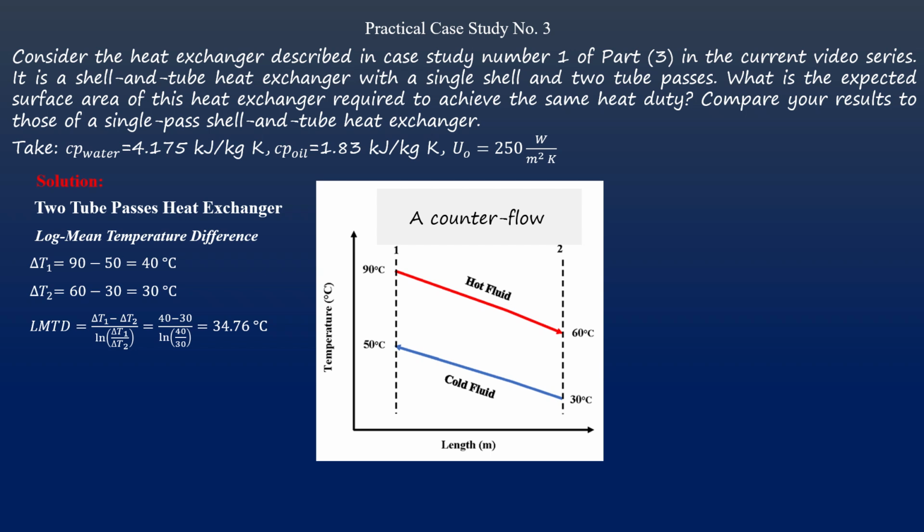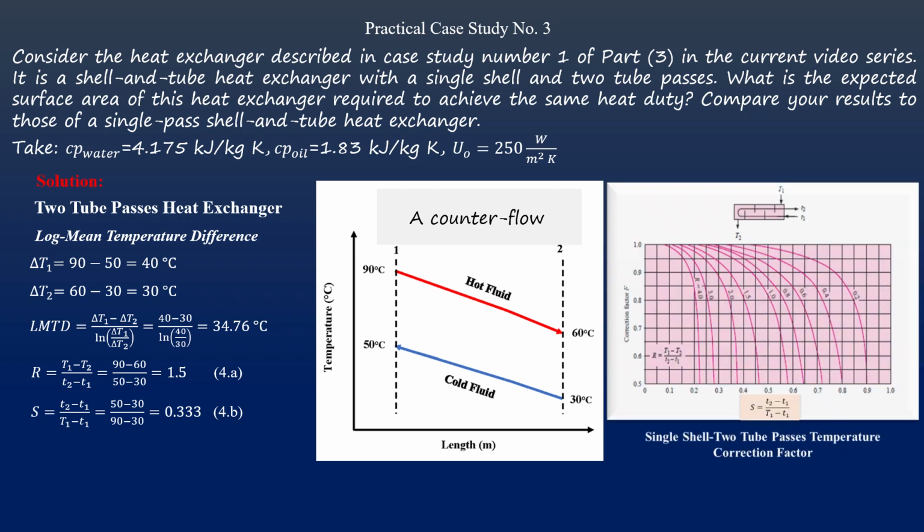34.76 degrees Celsius. And then we need to find the correction factor for the temperature from equation 4 and equation number 5, or using a chart. So we have R equal 1.5 and S equal to 0.33.